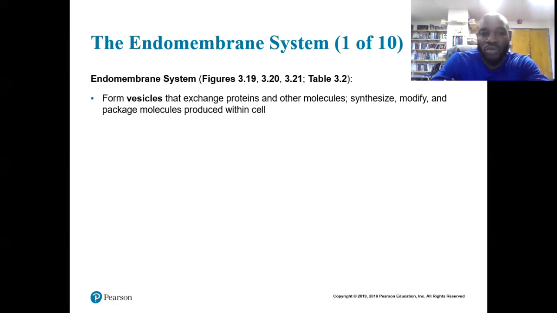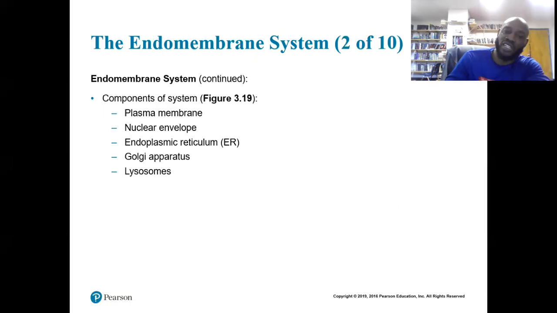Right, so our endomembrane system forms vesicles that exchange proteins and other molecules, and synthesize, modify, and package molecules produced within a cell. Components of the system are a plasma membrane, nuclear envelope, endoplasmic reticulum, Golgi apparatus, and lysosomes. These all work together.